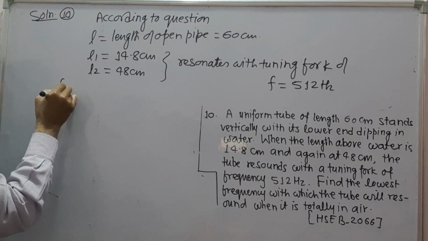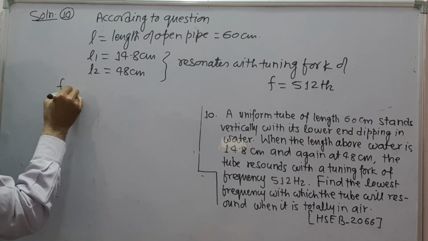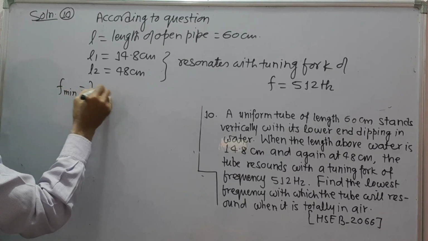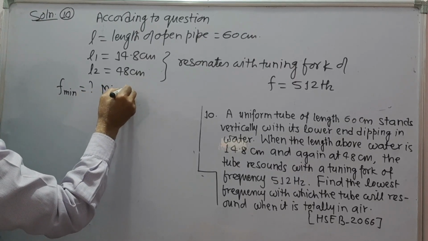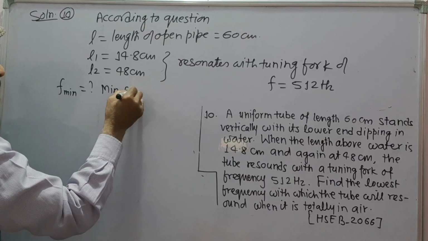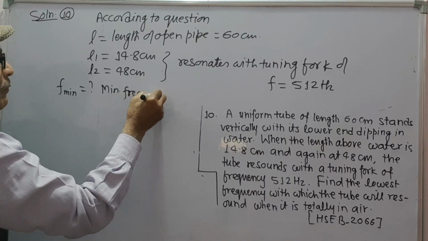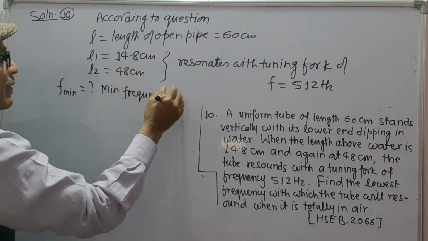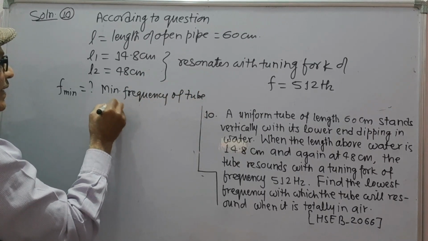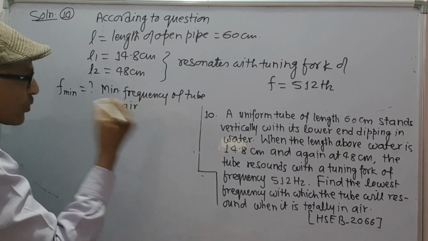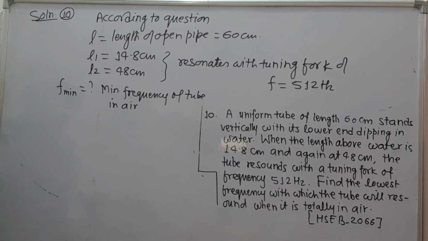So we have to find F minimum, the minimum frequency of tube in air. When the tube is totally in air, what will be its minimum frequency? Solution.